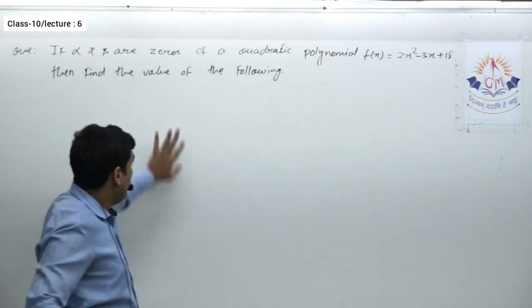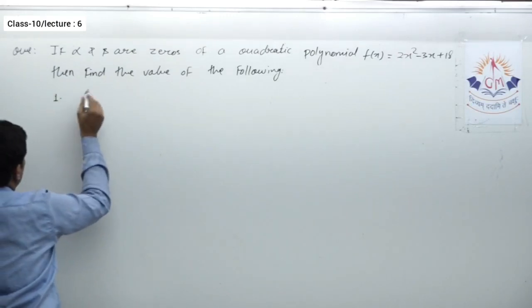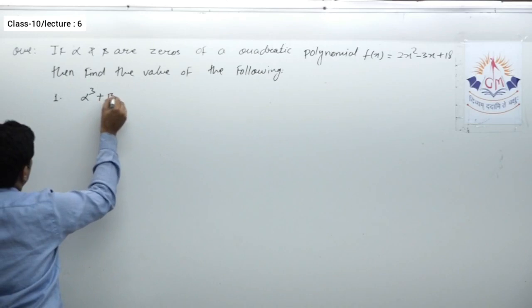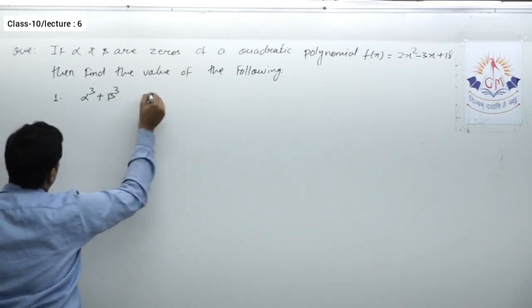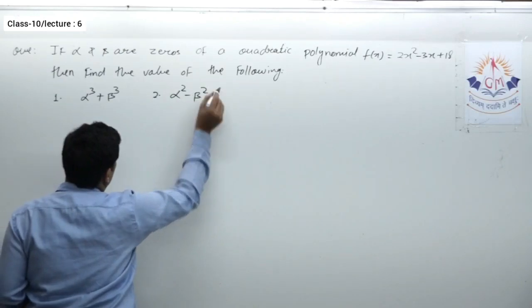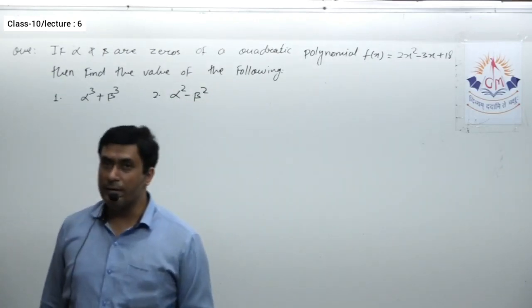Even without finding the zeros, we have to find the value of alpha cube plus beta cube, and second, alpha square minus beta square. These two values we have to obtain without actually finding alpha and beta.